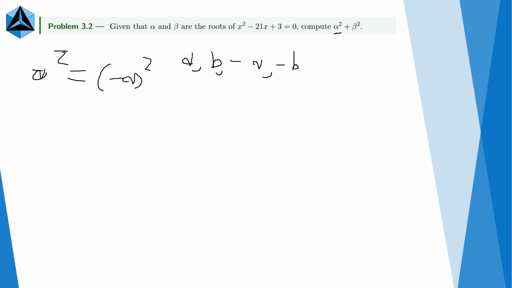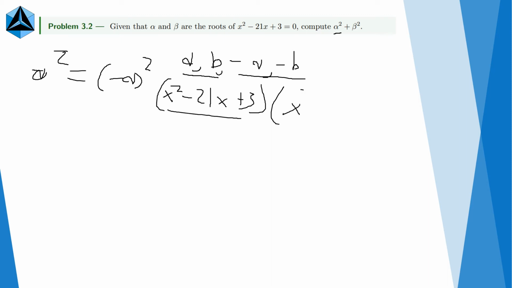When we do this, we know the polynomial with roots of alpha and beta is just x squared minus 21x plus 3. Well, the polynomial with roots negative alpha, negative beta will be if we plug in negative x into this polynomial here, and so we get x squared plus 21x plus 3. And so this huge polynomial here will be the polynomial with roots of all 4 of these.